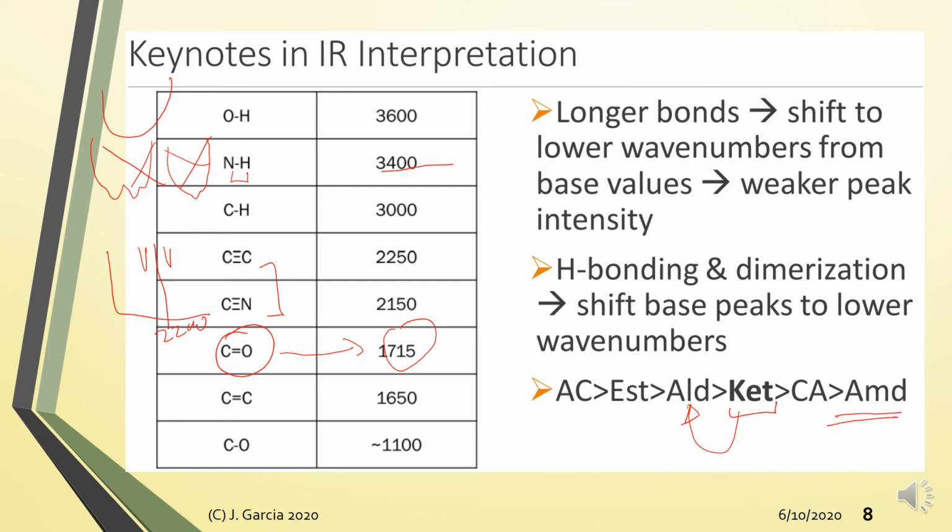Okay, and this is because of, in general, bond lengthening. Alright, so if the base value goes to a lower wave number, it means to say that the particular functional group induces a longer bond, no, doon sa particular signal na mini-measure natin sa carbonyl.